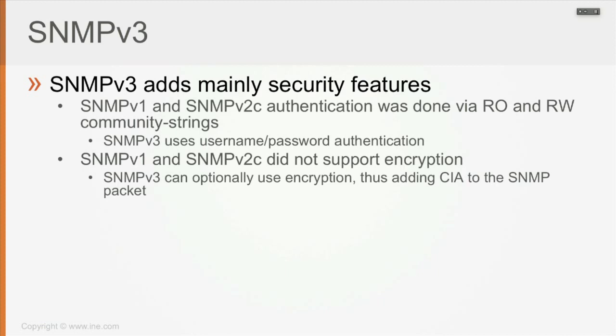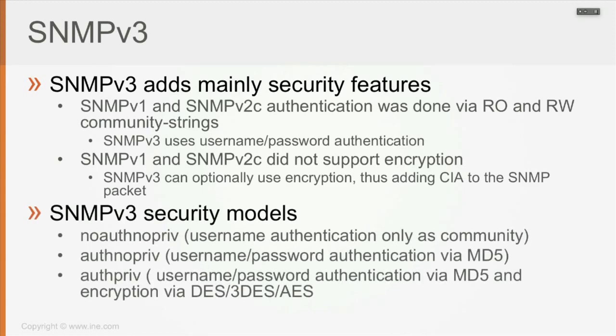Also, SNMP version 1 and version 2C did not support encryption, which means, as we were saying, that the packet was visible in the transit path in clear text. But SNMP version 3 can optionally use encryption. Of course, that means both the agent and the manager have to support encryption. By using encryption, we add confidentiality, integrity, and authentication to the SNMP packet.